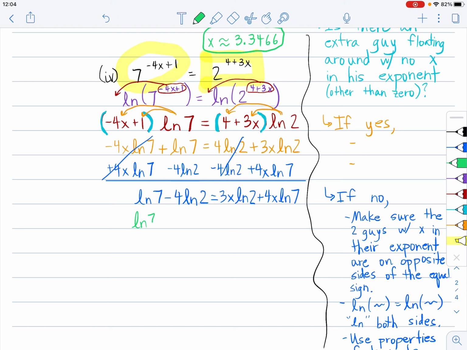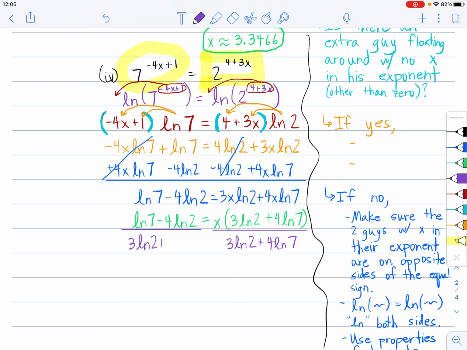So ln 7 minus 4 ln 2 is equal to x times 3 ln 2 plus 4 ln 7. To finish solving for x, I'm going to divide both sides by 3 ln 2 plus 4 ln 7.